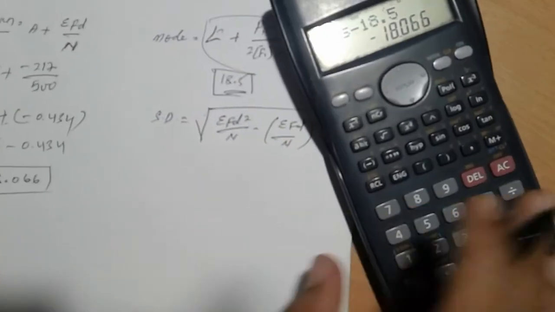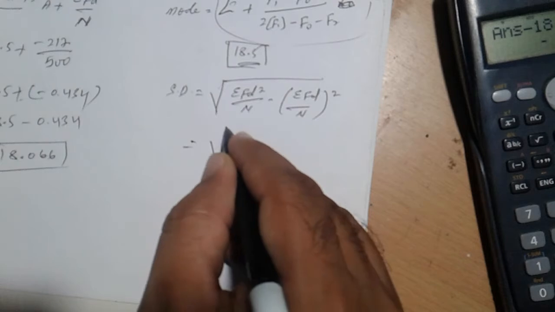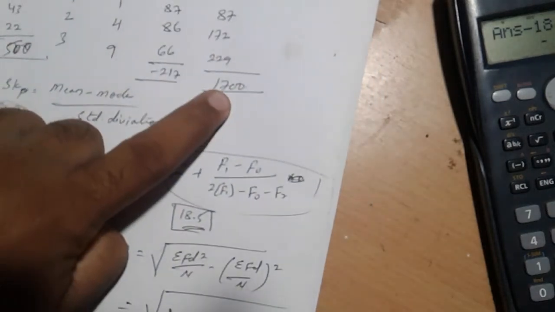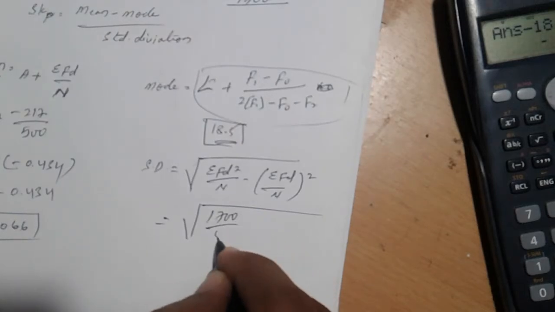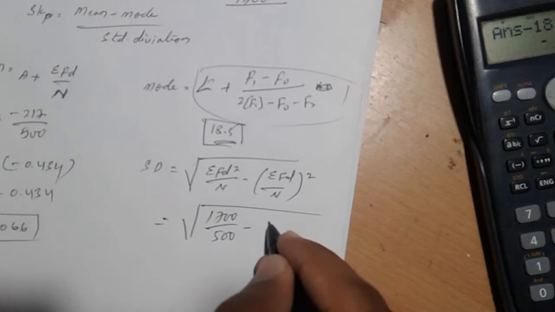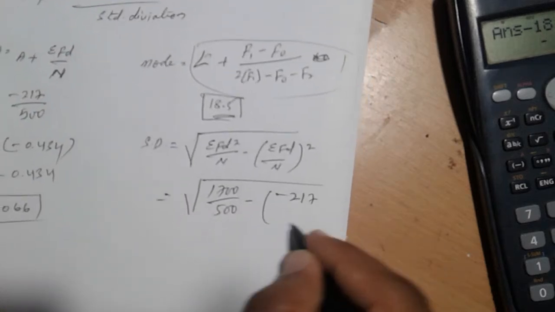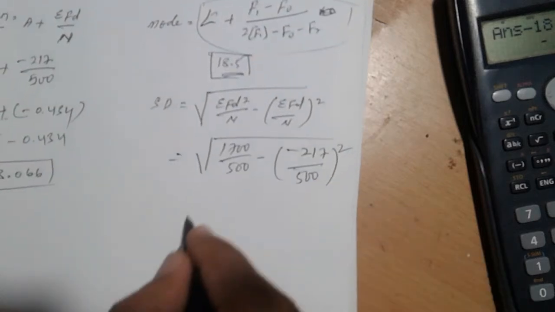Now let's calculate the standard deviation formula. Sigma FD square means 1700. 1700 divided by 500 minus FD, how much? Minus 217 divided by 500, it's a whole square.